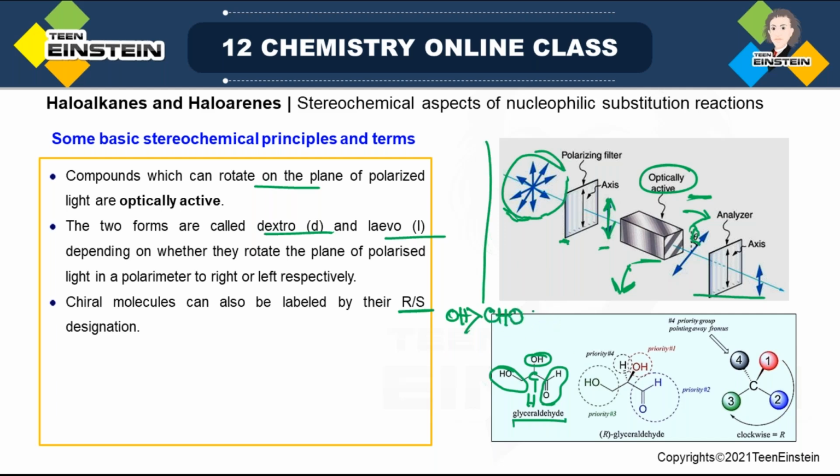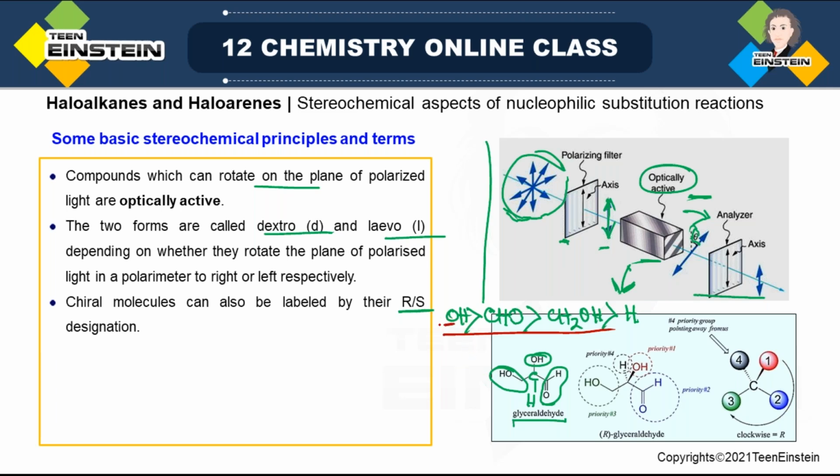CHO has more priority than CH2OH. And CH2OH has more priority than H. If you are interested to know how you get the idea about the priority, there is a CIP rule for that, a specific rule. From that you can easily understand the priority, but mostly it depends on the atomic mass.